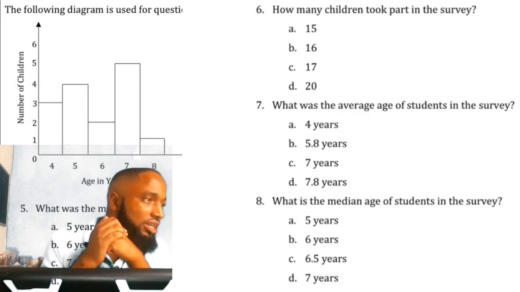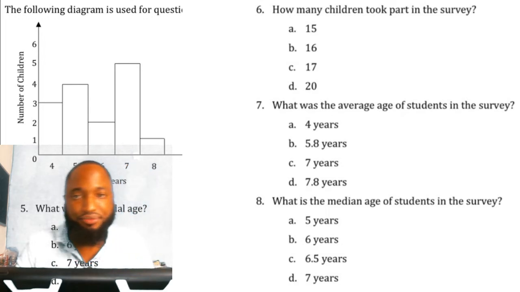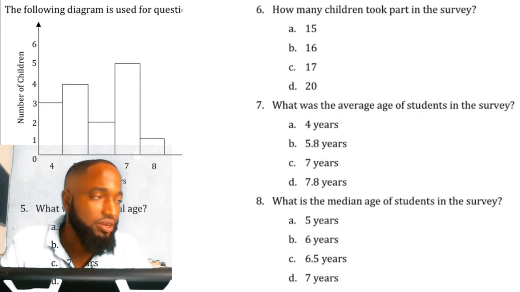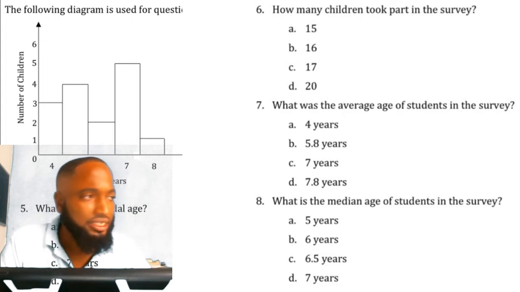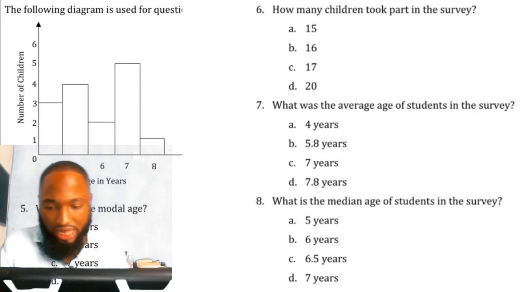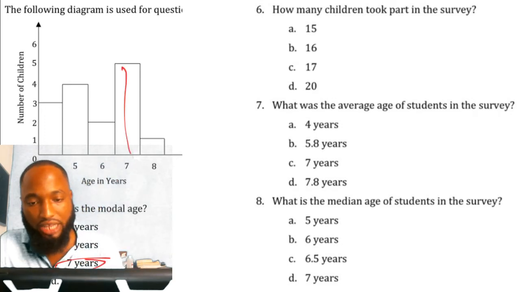Mode is the frequently occurring value. Don't forget to press like. These are some of the critical questions for CXC right now, where statistics is concerned. How many children took part in the survey? So the answer here is 7. The mode, the one that is the most, right?